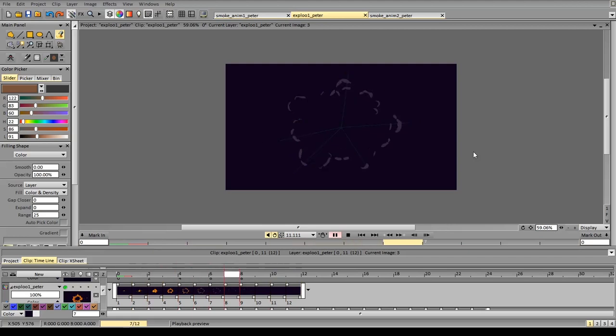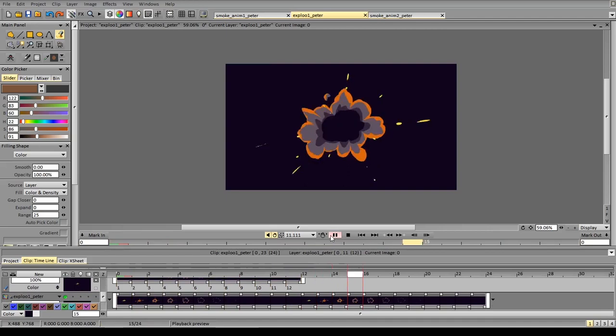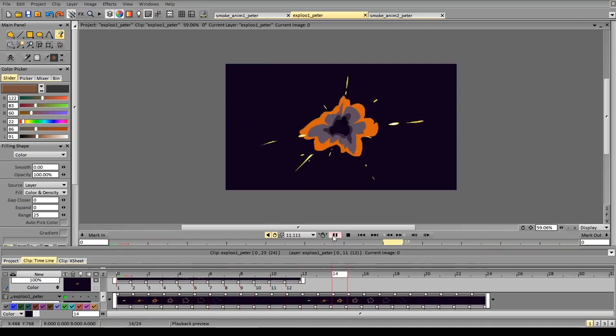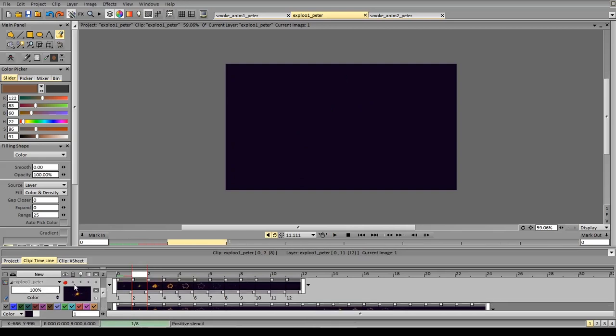And you can experiment with colors to make it more interesting. So it depends. This way it's a little bit more energetic.